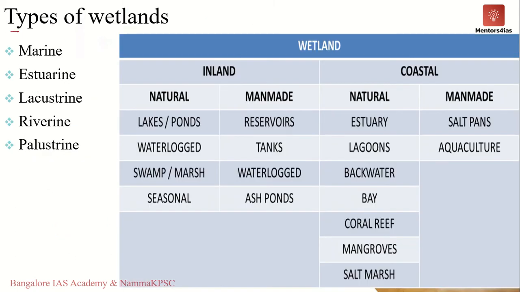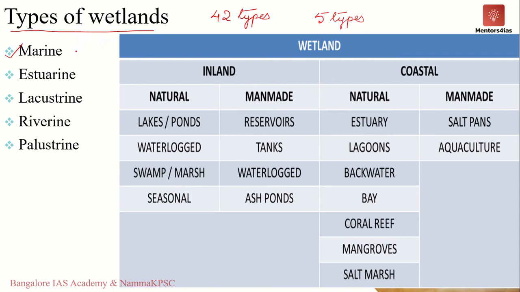Okay. Now, according to the Ramsar Convention, wetlands can be classified into 42 types. However, for our discussion, we will restrict this classification to around 5 types. The major classification of wetlands into 5 types is, respectively, marine wetlands.